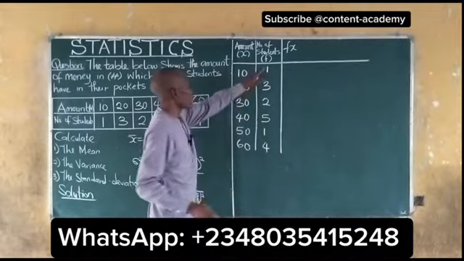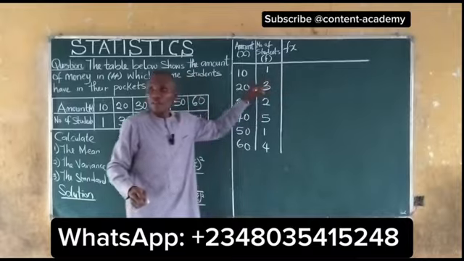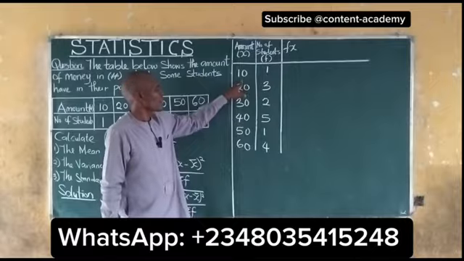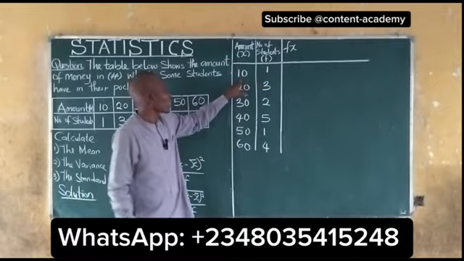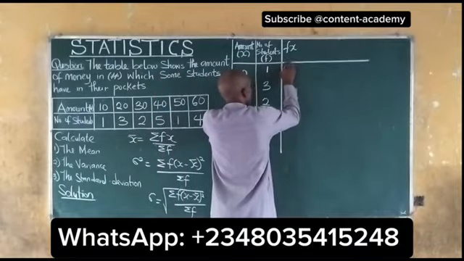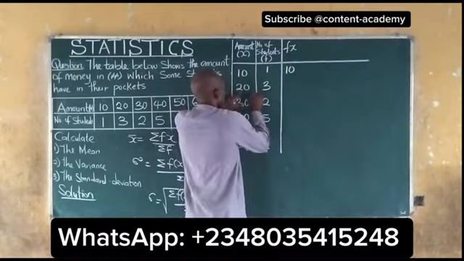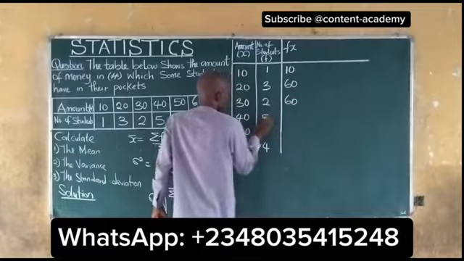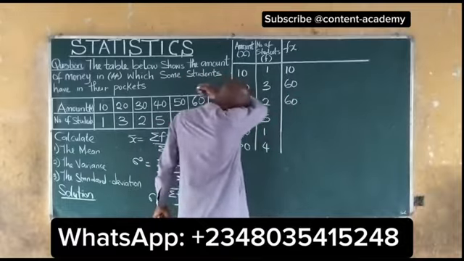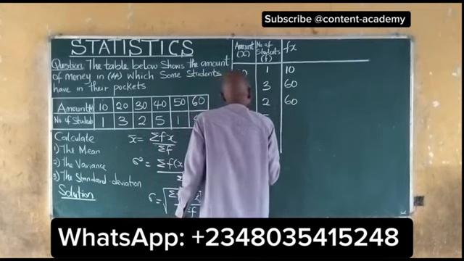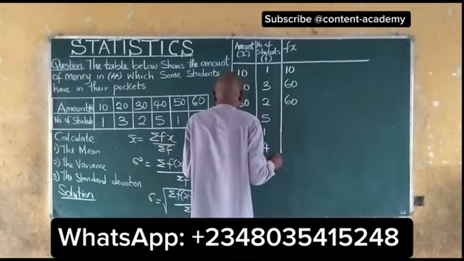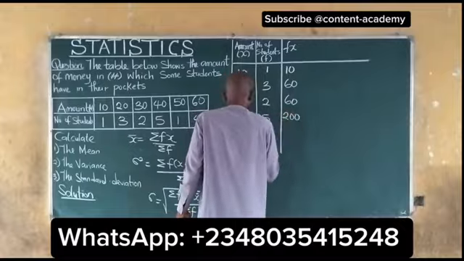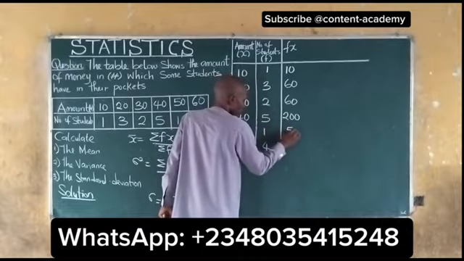Now, how do we get our f of x value? Our f of x value is this multiplied by this. That means the values here multiplied by the values here. Now, for this, we have 1 times 10, we have 10. 3 multiplied by 20, we have 60. 2 multiplied by 30, we have 60. 5 multiplied by 40, we have 200. 1 multiplied by 50, we have 50.